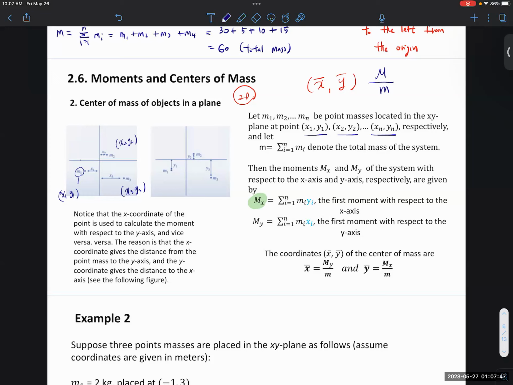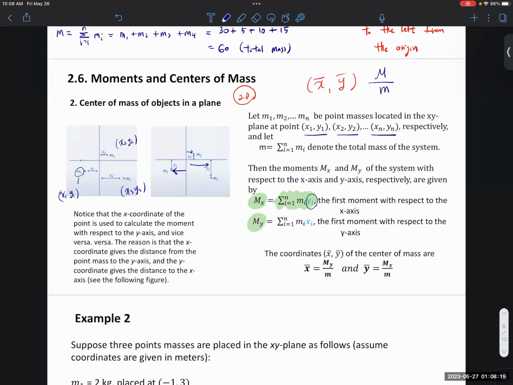We don't know how many units, but this is the distance, and this is the distance, and that is a distance. So to find Mx, this is the formula. We used to multiply mass by its position, but this time you're going to multiply by the opposite position.